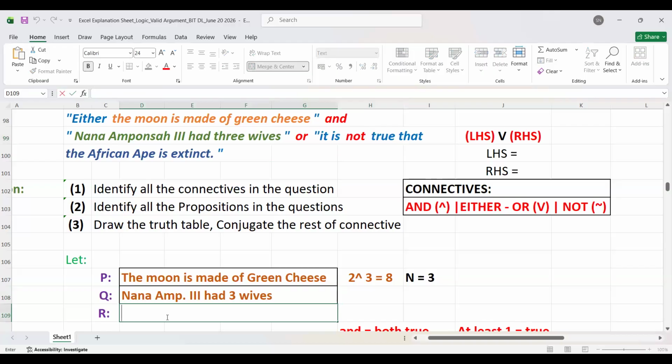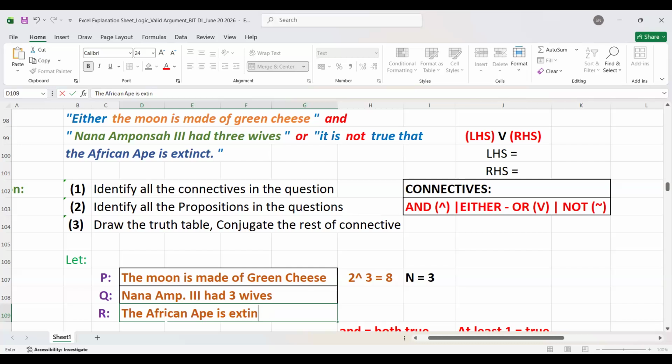The African ape is... It's true that the African ape is... Is it true that... Okay, you don't bring in the words it is true, because when you say something is true, you're already placing a truth value on it. So you remove that, and it is: The African ape is extinct.